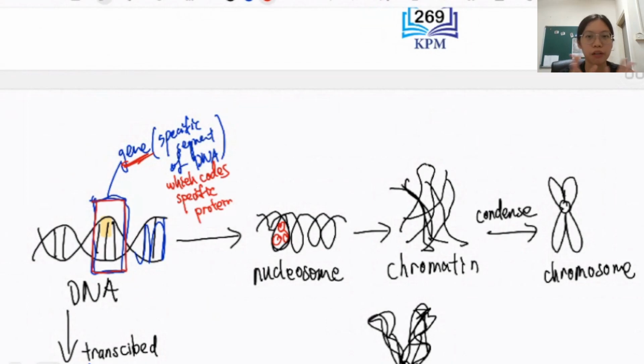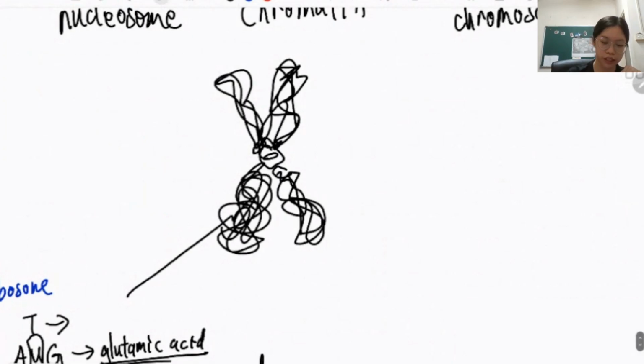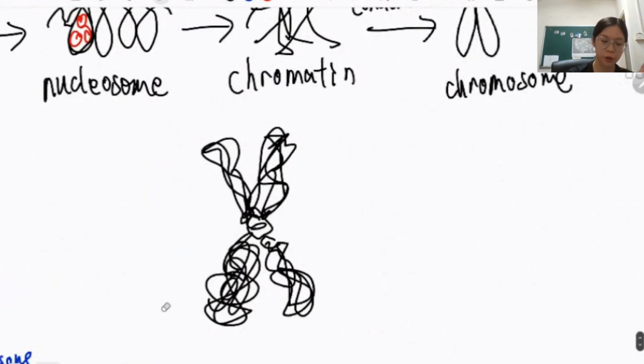That is where chromatin will condense into a chromosome. So actually a chromosome looks like that. It's just that all the chromatin condense together in a very dense and thick manner. So it's basically a chromosome shape right now.